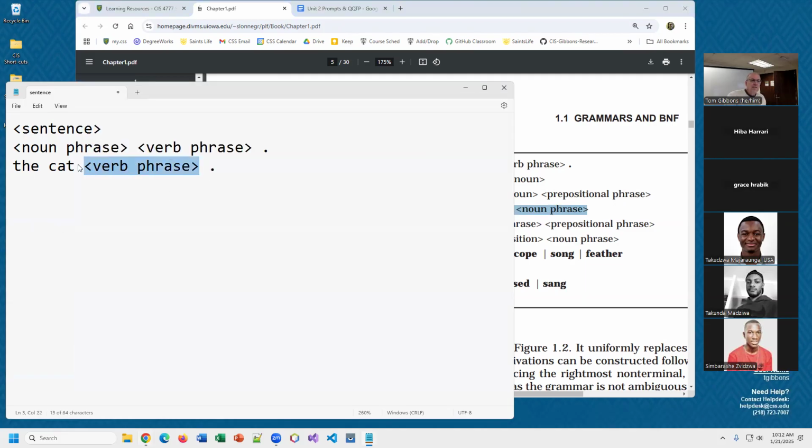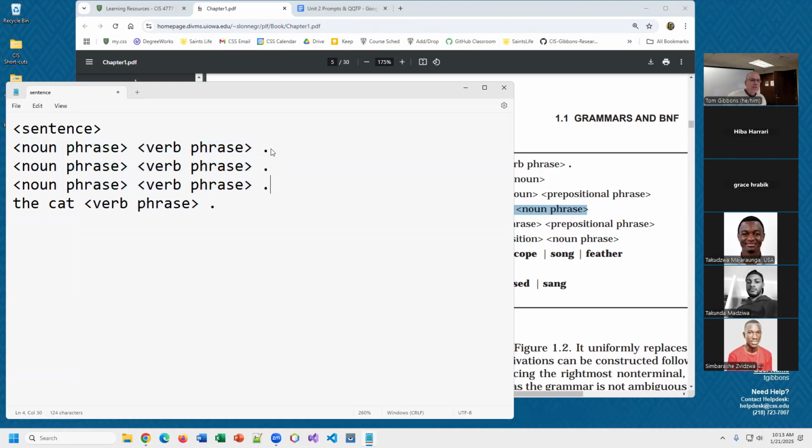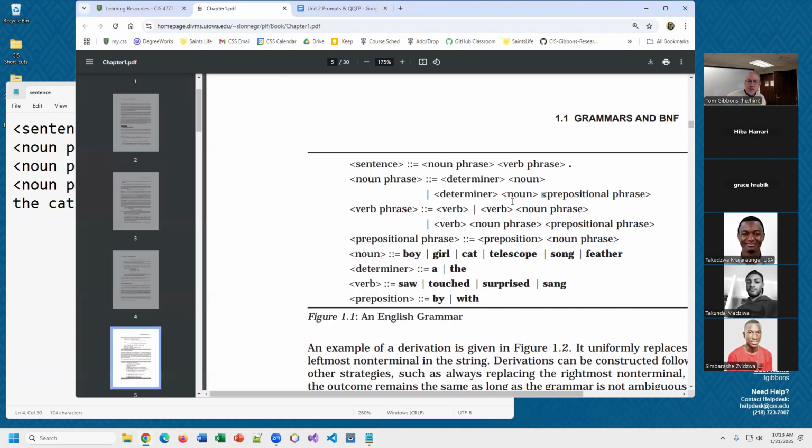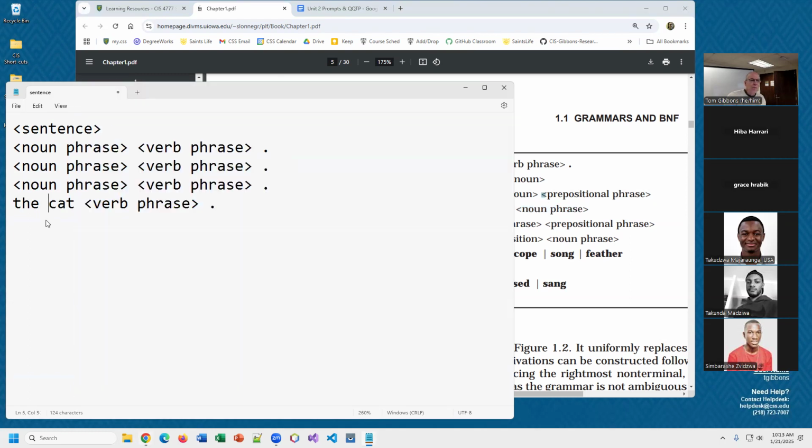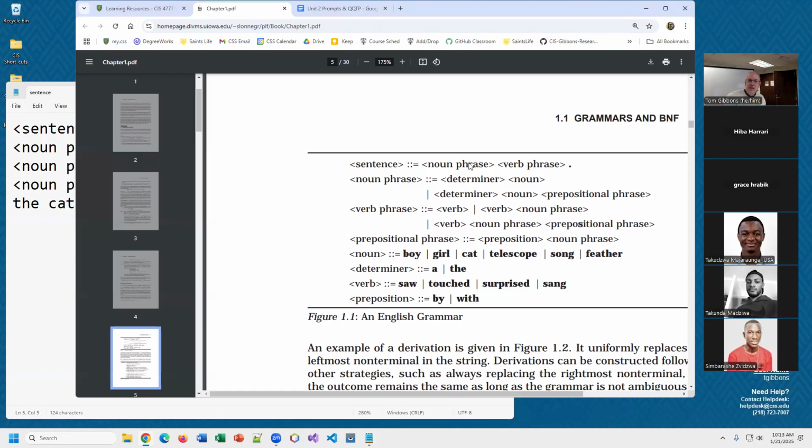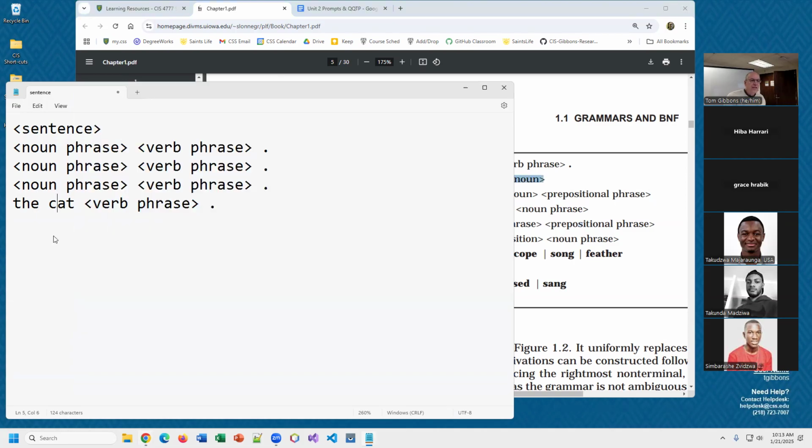What I'm supposed to be doing each time is repeating this so that you see how it's built up. I'm not doing that very well here, so I'm going to go back. We had noun phrase, verb phrase. Then for noun phrase, we replaced it with determiner, noun.